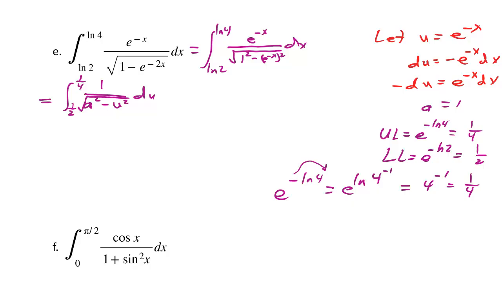Okay, so now we've changed our limits. We did our u substitution. And now we'll just use the pattern, which is going to be arcsine, right? So this is going to be, oh, I forgot my negative out front there.